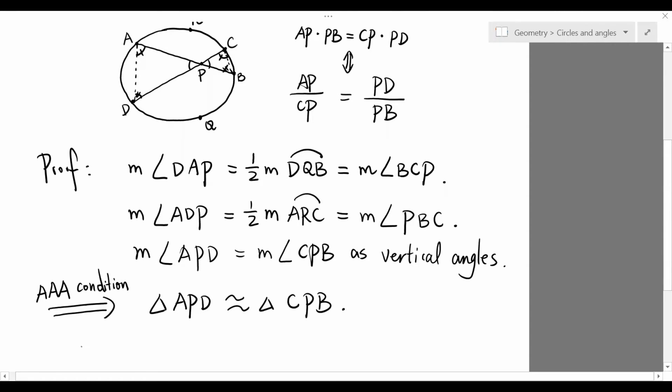Specifically, we should have AP over CP equal to PD over PB, which is exactly what we would love to prove for this theorem. So we're done.